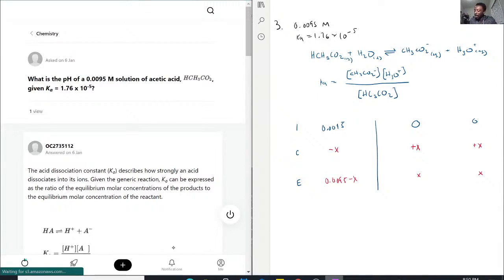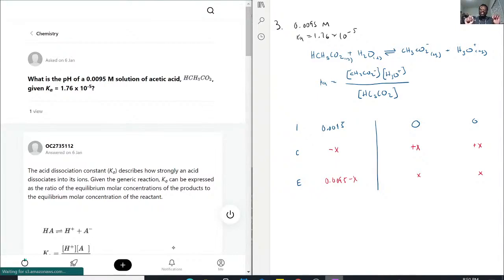Alright, I'm doing a quick math check on the Ka relationship with the concentration, because if there's a big enough difference between concentration and the Ka, we can drop the X. So what I'm doing here is finding out if there is a big enough concentration difference. And unfortunately, in this case, there is not.